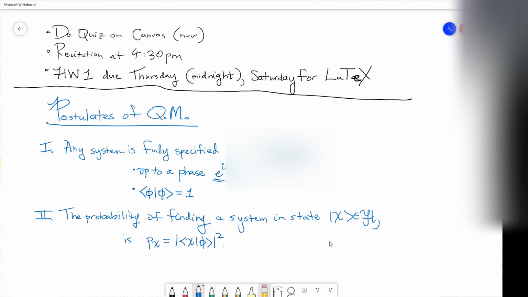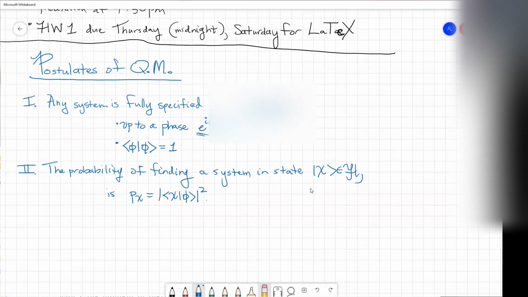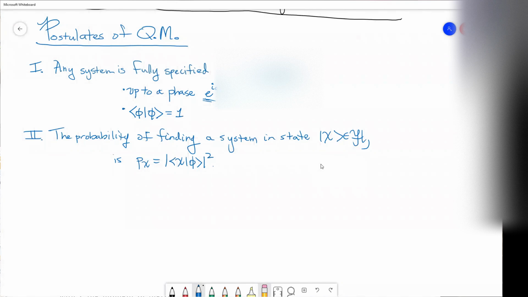And postulate 3 is any physical property, and this is important because it's really anything we understand about a system: the position of something, the momentum, the energy, angular momentum, whatever.